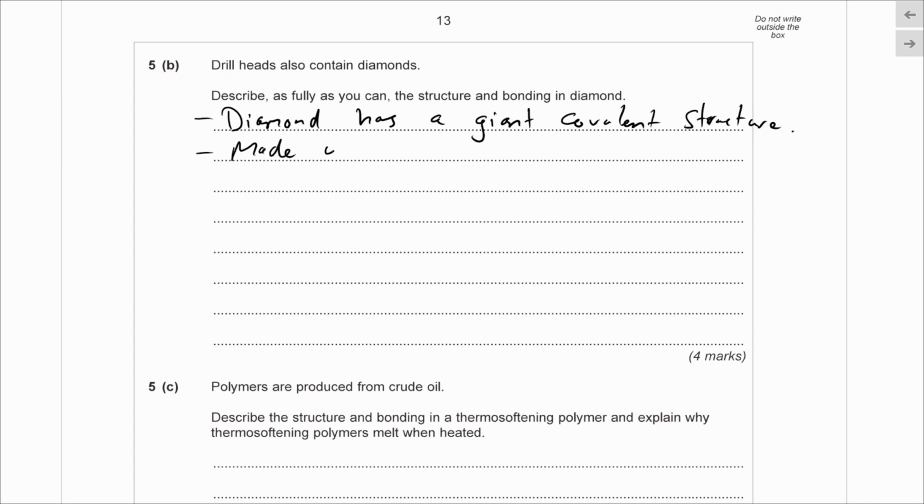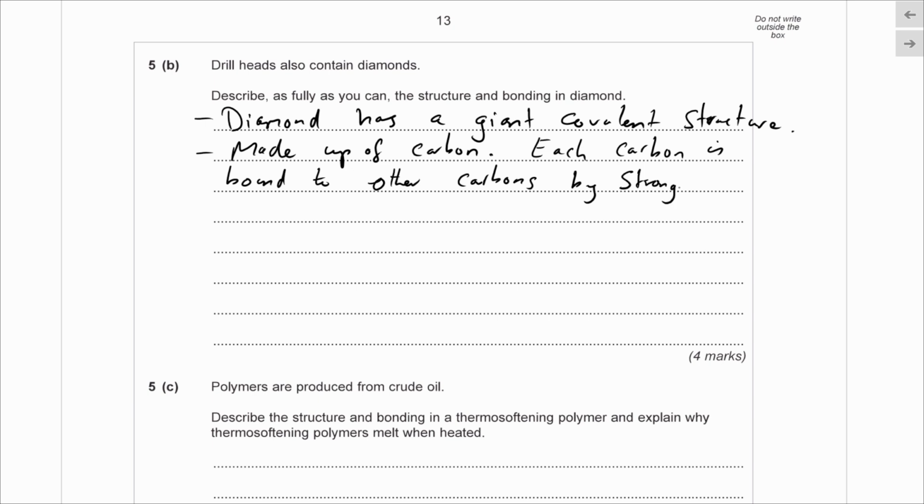It's made up of carbon. Okay, each carbon is bound to other carbons by strong covalent forces or bonds.